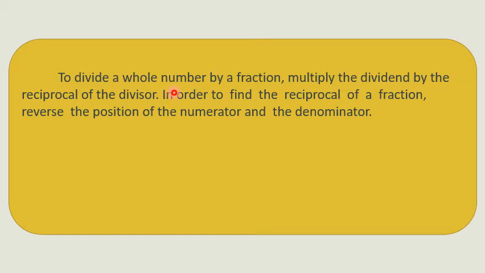So, to divide the whole number by a fraction, multiply the dividend by the reciprocal of the divisor. So, multiply nyo lang yung unang number doon sa reciprocal ng pangalawang number. In order to find the reciprocal of a fraction, reverse the position of the numerator and denominator.